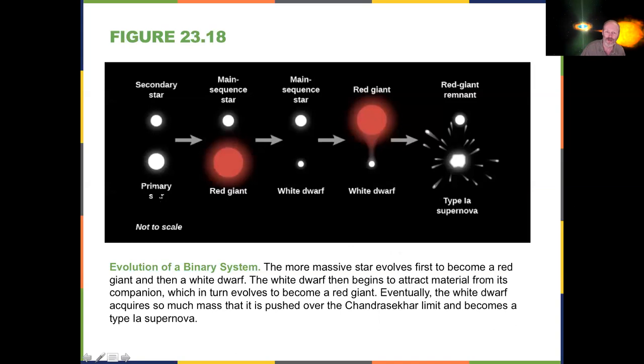We'll have one star that's bigger than the other, which means it will evolve faster. It may turn into a white dwarf, which then the other main sequence star may have some cannibalization happening, and we'll get the type 1A supernova where the white dwarf explodes when we reach those magical Chandrasekhar limits.